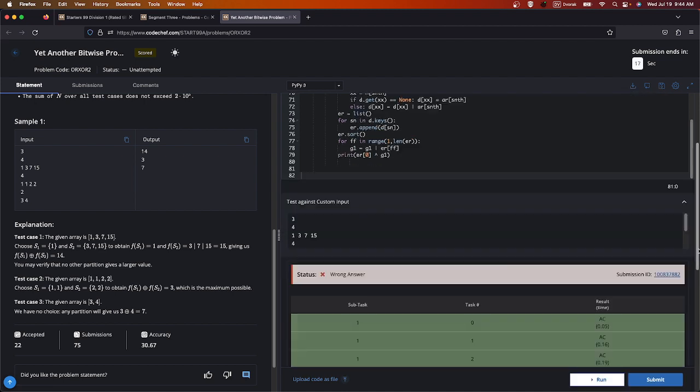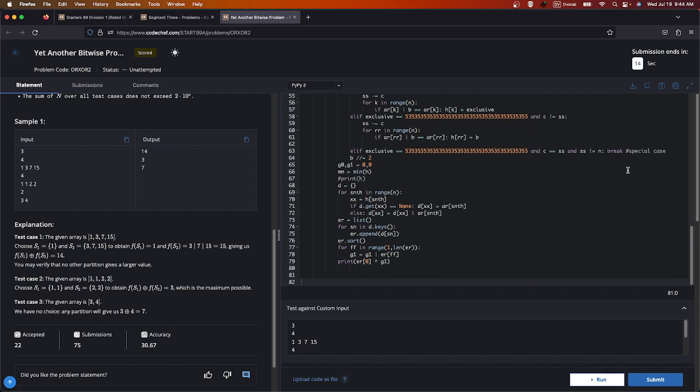Yeah, I think what I needed to do was take the powers of 2, put them in their own groups, and group them up correctly. Yeah, this was a bit of a contest.